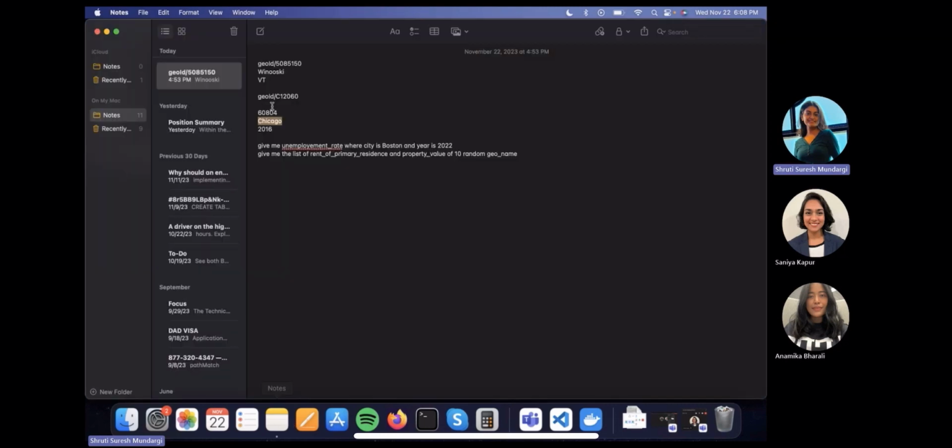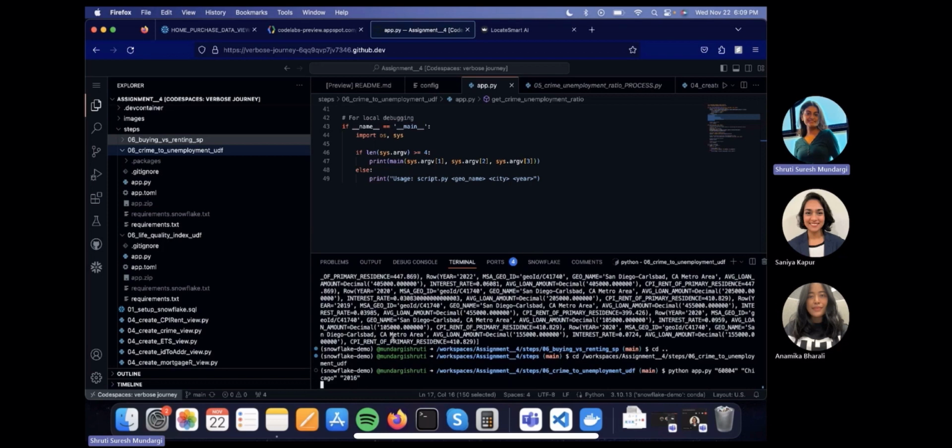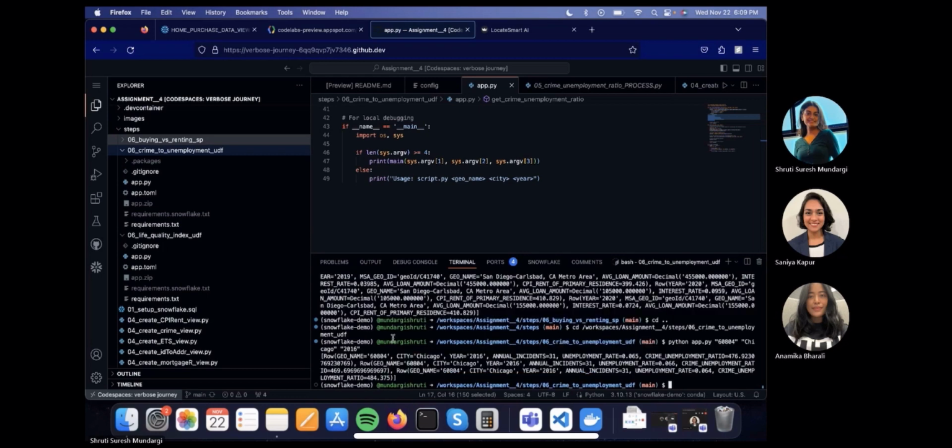And next is the year for which we want to get the information. So you can see the crime and unemployment ratio for that is 484.